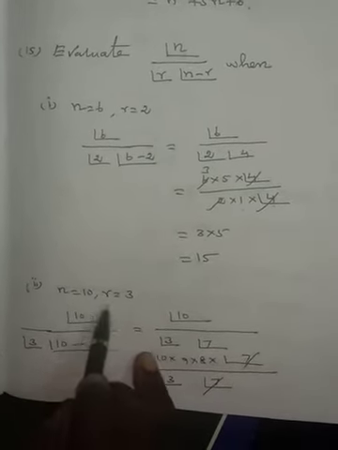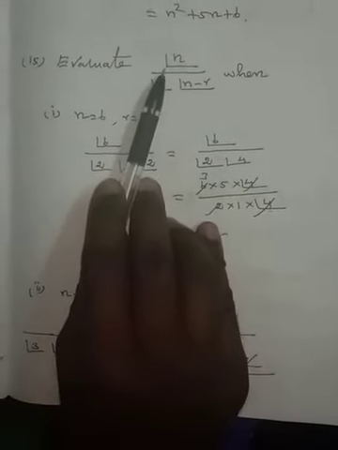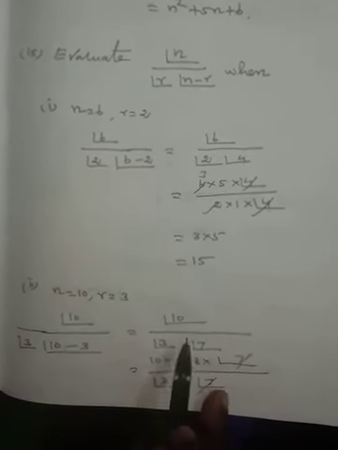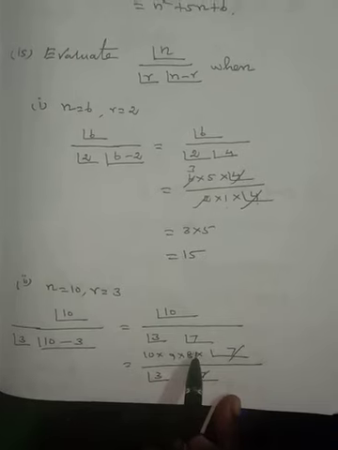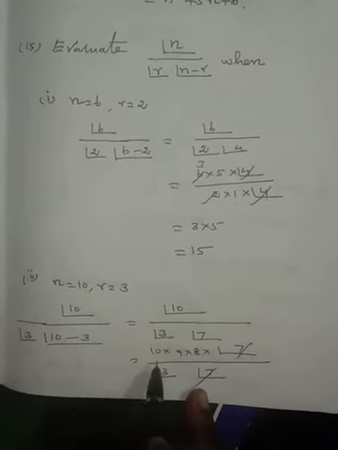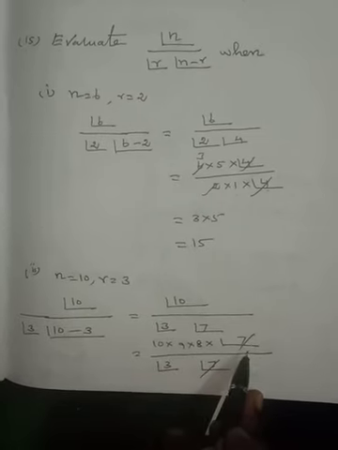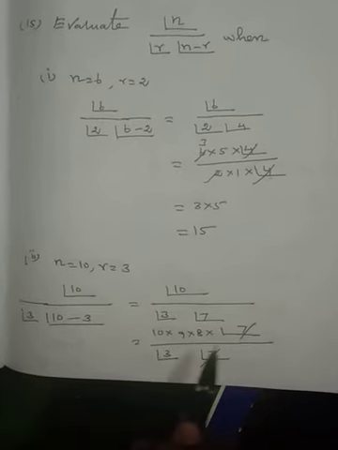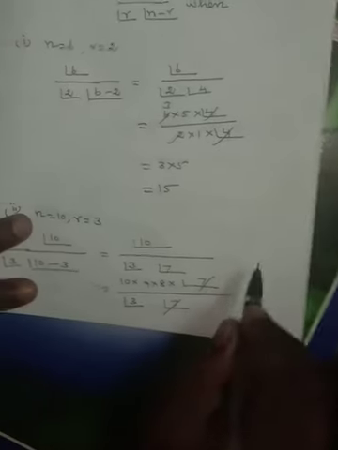Next, substitution number 2: n is equal to 10, r is equal to 3. Substituting in the given form, n factorial divided by r factorial into (n minus r) factorial, we get 10 factorial divided by 3 factorial into 7 factorial. 10 factorial can be written as 10 into 9 into 8 into 7 factorial, using the formula n factorial is equal to n into (n minus 1) factorial.